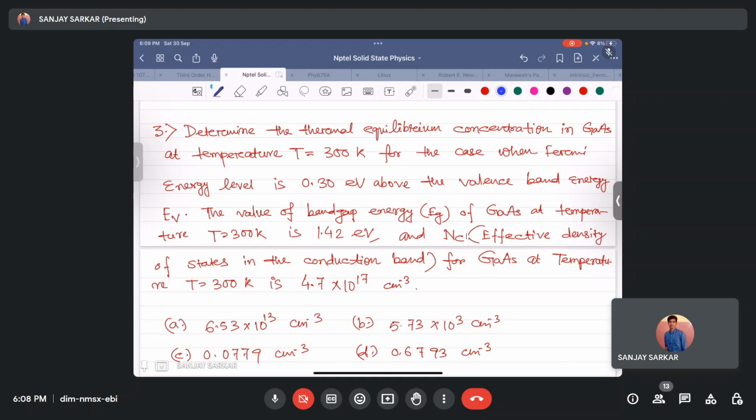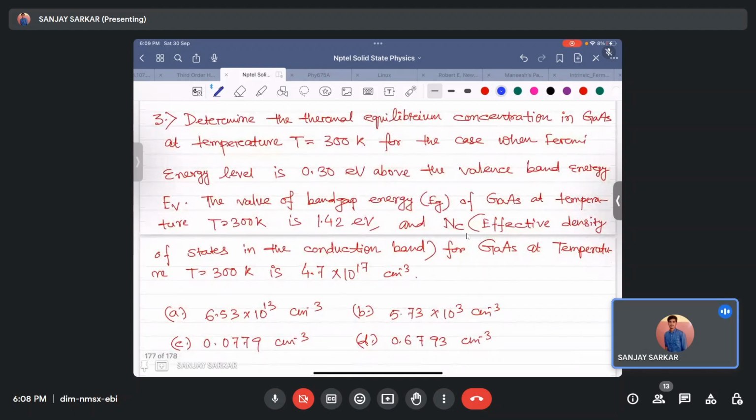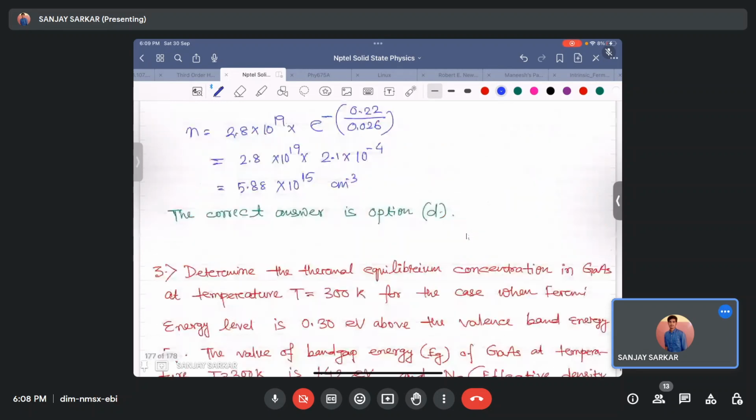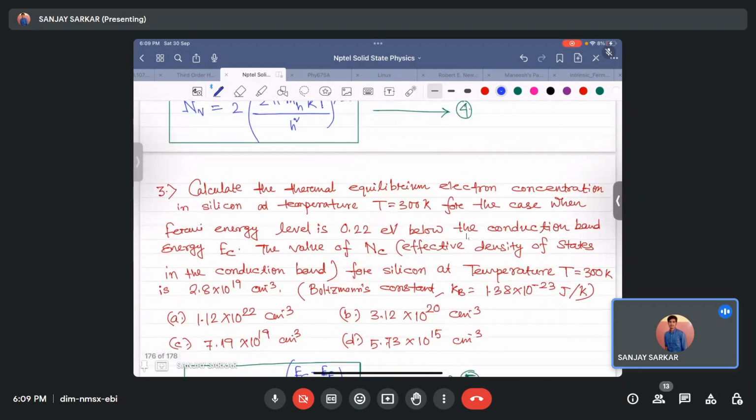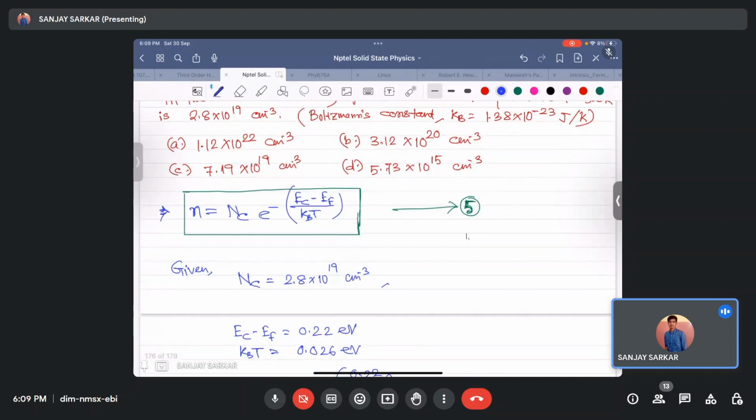Two band gap values are given here. Okay, so what is given is, for the first case, the Fermi energy is 0.30 electron volt above the valence band. In the previous question it was said that the Fermi energy level is 0.22 electron volt below the conduction band, so you need EC minus EF.